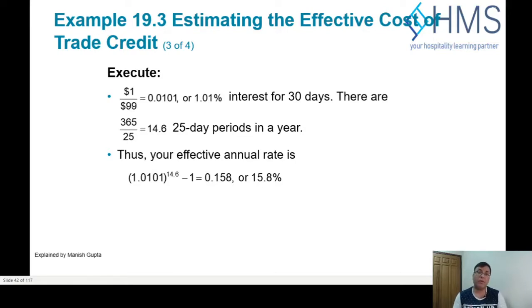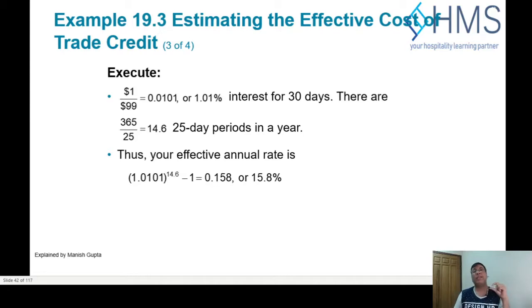So if you are paying interest to your bank which is more than 15%, you should not take this advantage. But if you are paying less, then it's beneficial for you. You should definitely go ahead and use this, because you're going to pay less interest to your bank while you are saving 15% here.